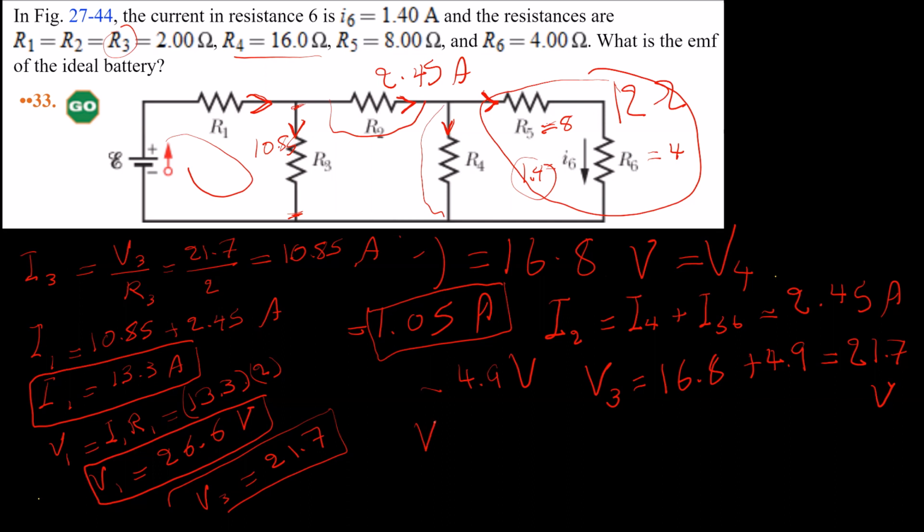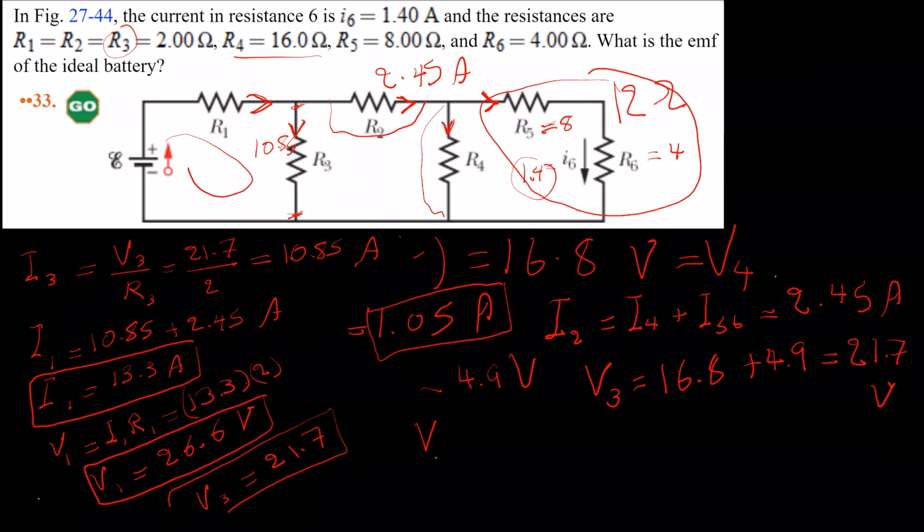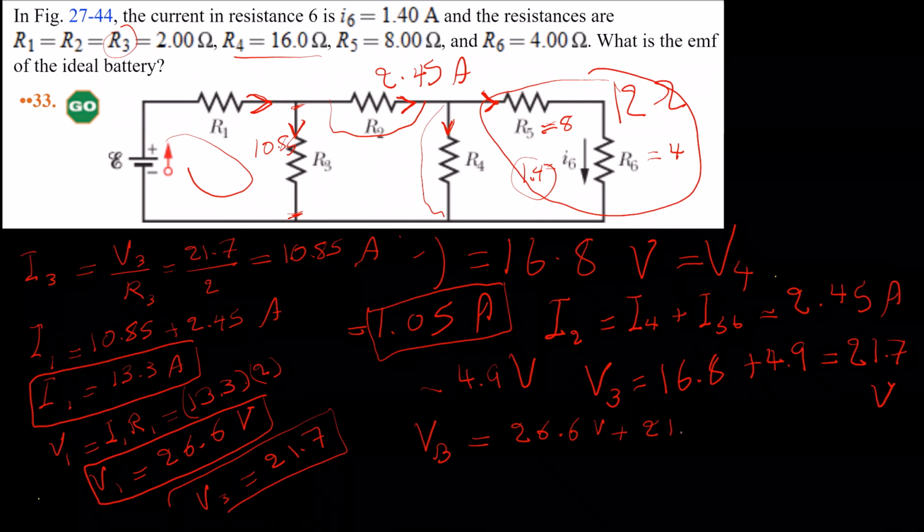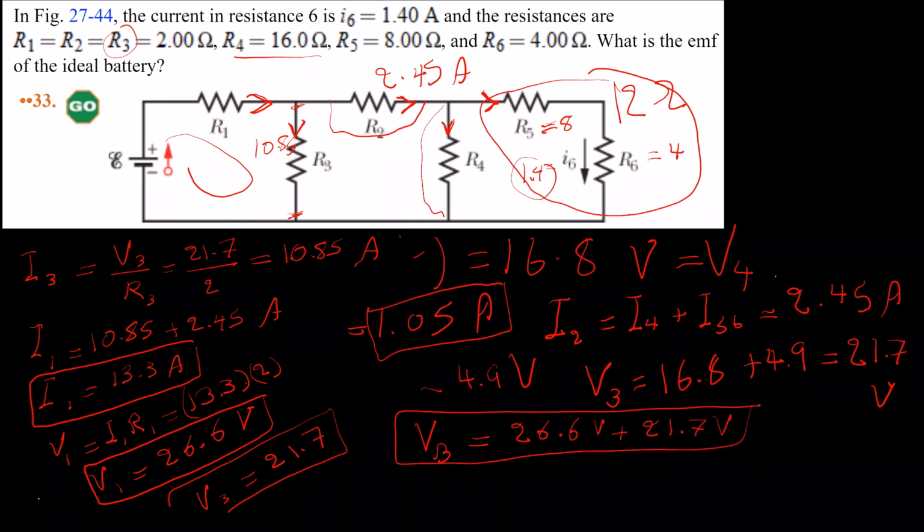So the V of the battery, or EMF, is equal to 26.6 volts plus 21.7, which is 48.3. And that's the answer.